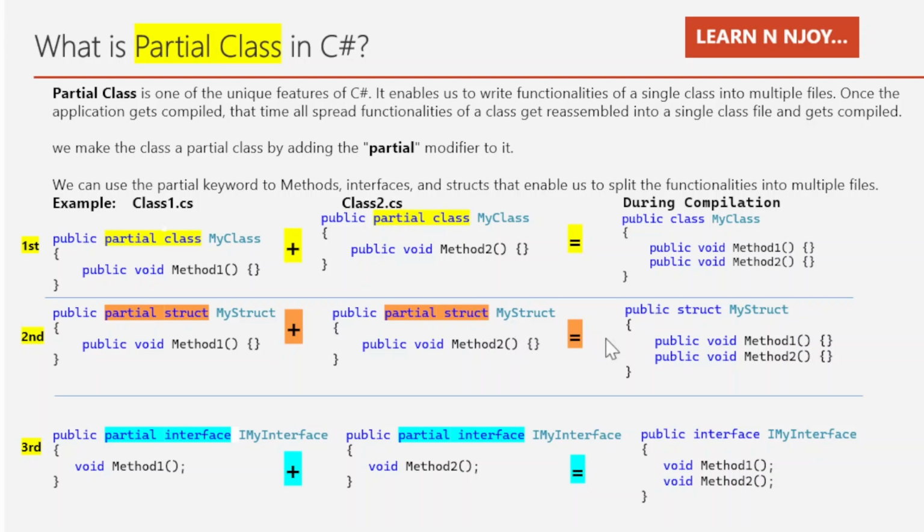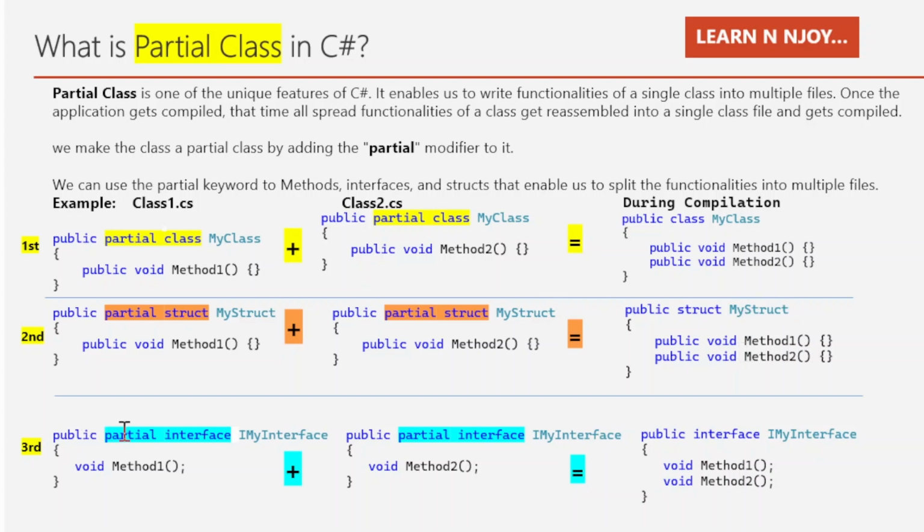And finally, while compiling, it just creates a single struct file, that is public struct myStruct. It has both methods, method 1 and method 2, altogether. This part plus this part equals the combination of these two parts. That is the single file that has this struct. That is the normal struct, not a partial one, right?